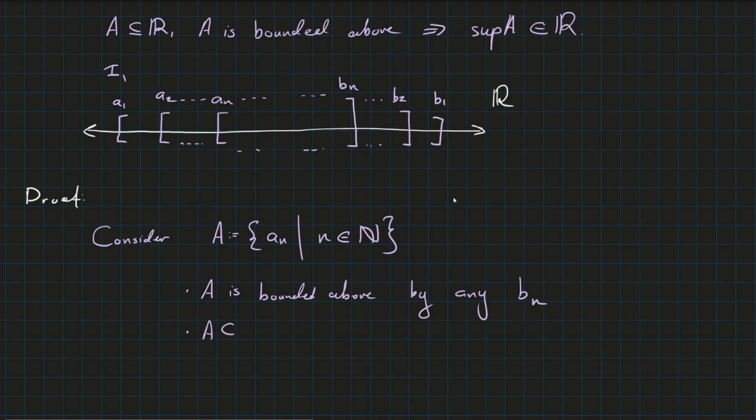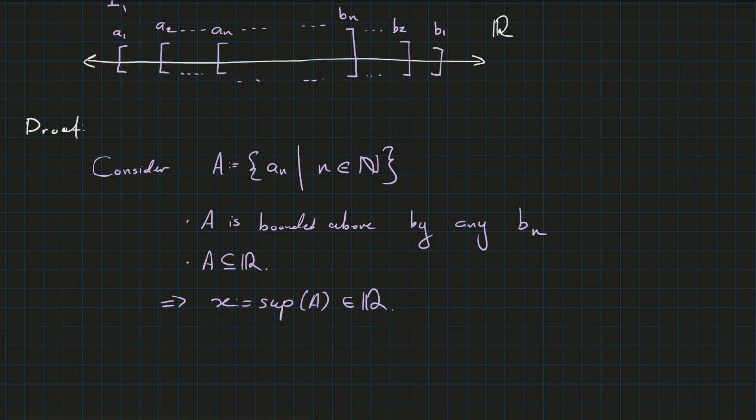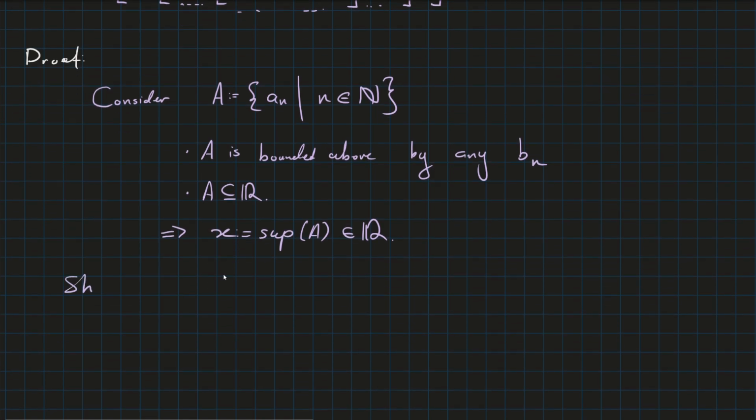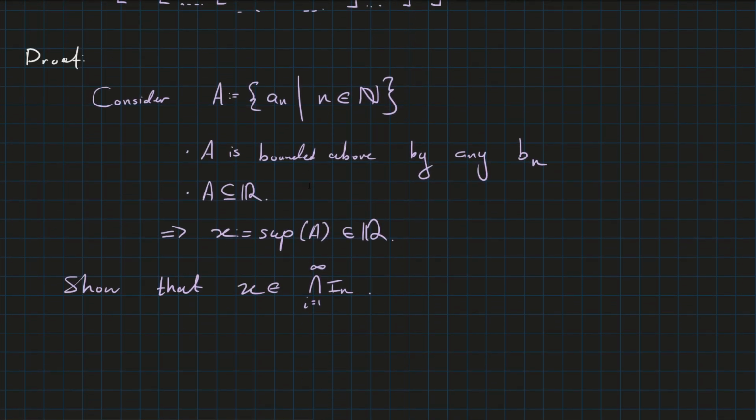And A is a subset of R. So this tells us that x, which we'll call the supremum of A, is a real number. And we're going to claim, and we're going to show, that x is in this infinite intersection, starting the indexing at 1 if we want, which proves our fact here, which is that it's not empty.